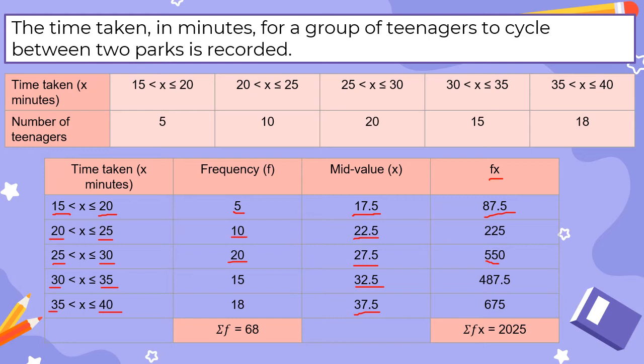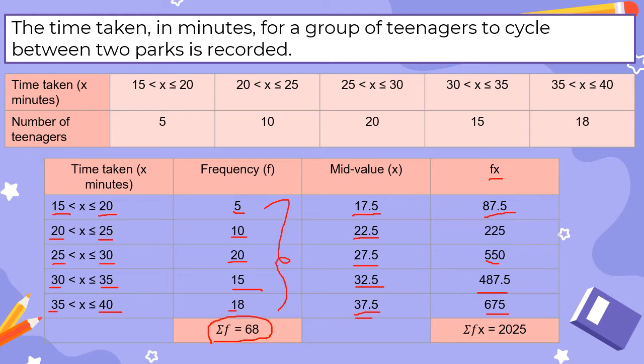Next, 15 multiplied by 32.5, we have 487.5. Next, 18 multiplied by 37.5, we have 675.